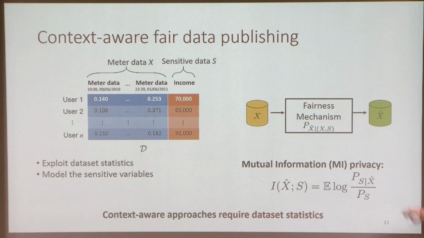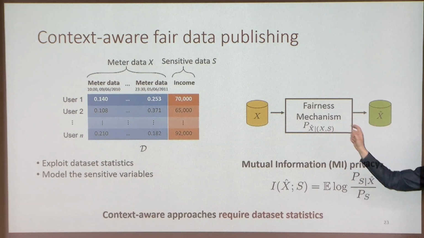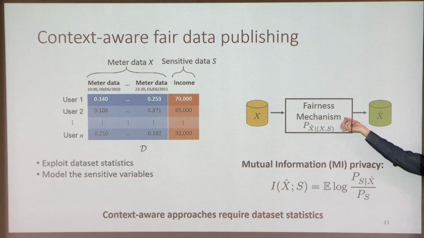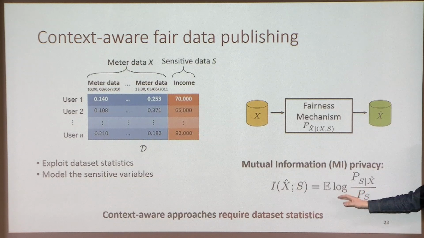If we want to design this mechanism using this leakage notion, we have to have access to the distribution. If I don't know the joint distribution between the data and the sensitive attributes, I cannot quantify mutual information and hence design the decorrelator. And you could perhaps pitch taking an empirical risk minimization approach with mutual information as the quantity we're trying to optimize.